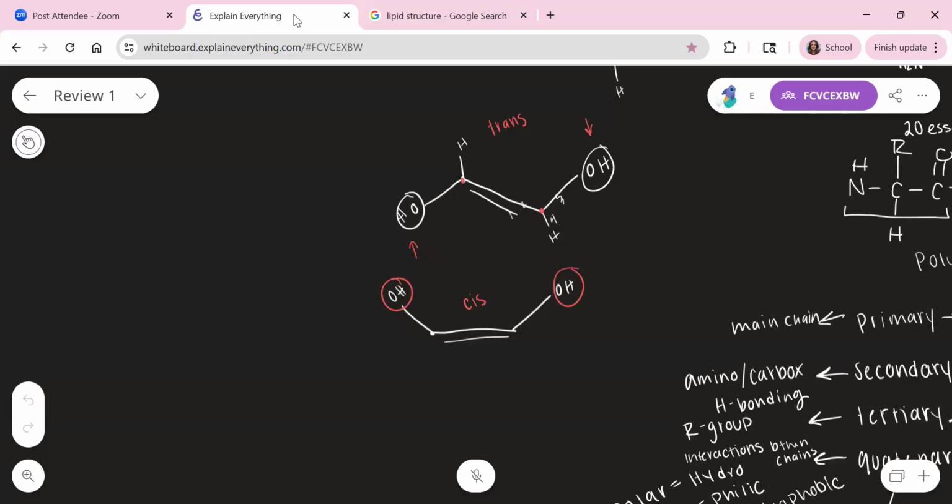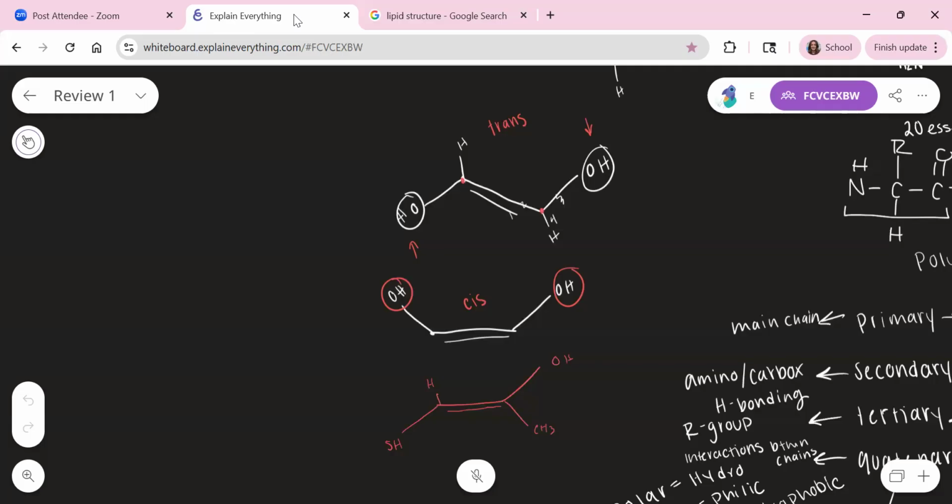Does it matter if the groups on the side are different? It doesn't matter. Say I had an OH here and an SH here, it's still going to be higher priority than H. But what if I have a carbon right here, CH3? Would OH or CH3 be a higher priority? CH3.